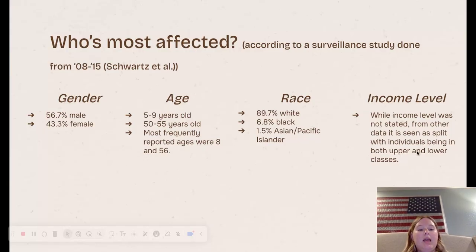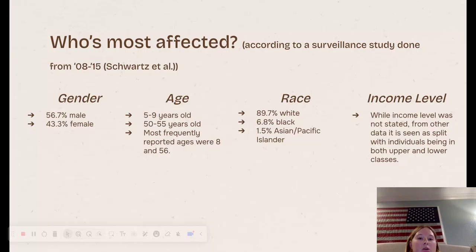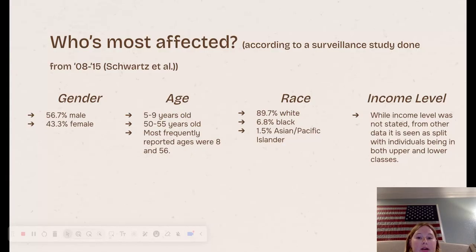Income level is not directly mentioned in this study, but just from doing other research, individuals in upper and lower classes were affected just because ticks are found in rural areas or your backyard, and this could affect any income level.